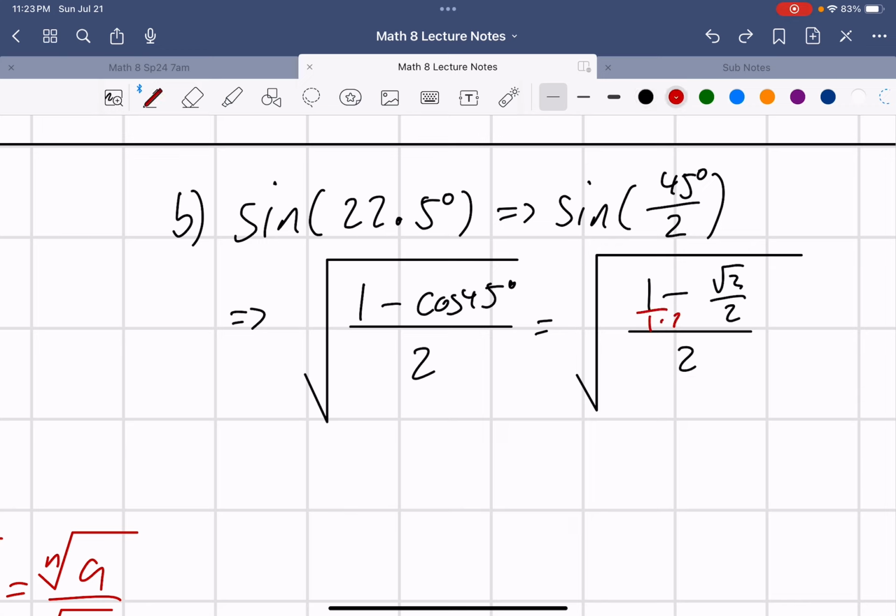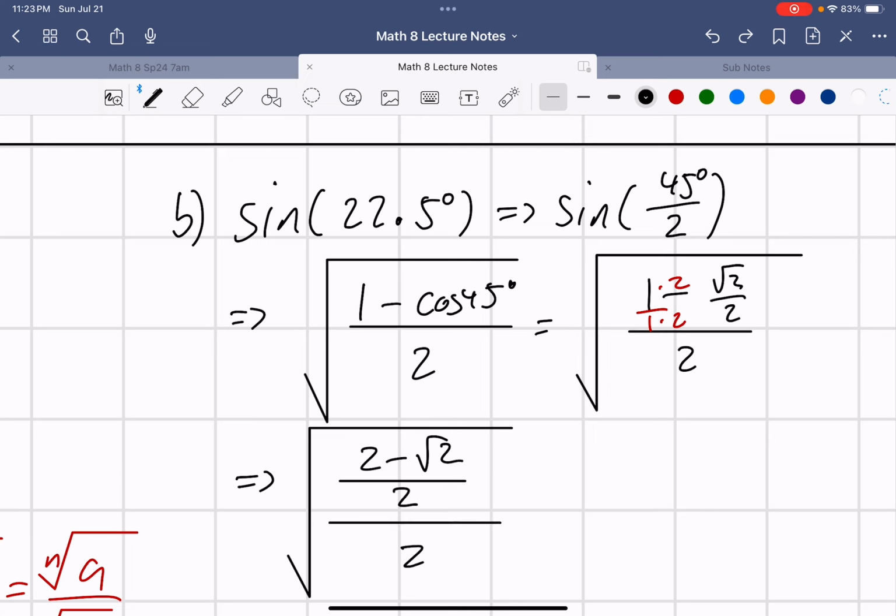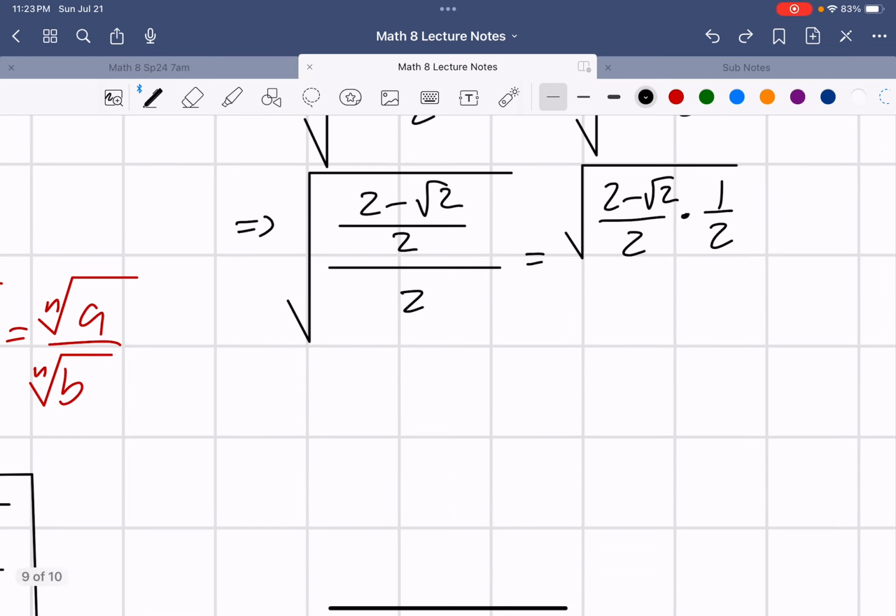And then we need to get our denominators to be the same in the numerator. And again, all this is just arithmetic. The big trick is at the beginning and then plugging into your formula. And we're doing the same as before, just a lot of small calculations. And then we have to multiply by the reciprocal, 2 minus square root of 2, all over 2 times 1/2. That then is the square root of 2 minus square root of 2 all over 4.